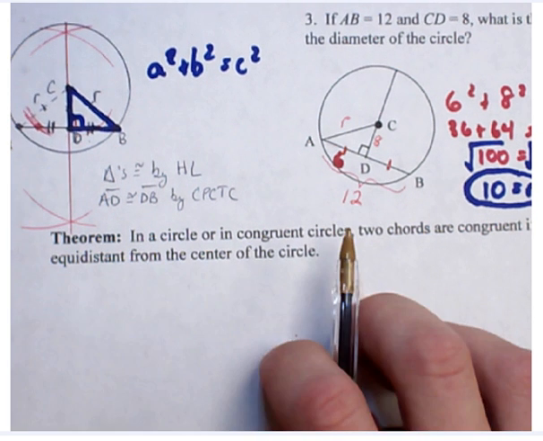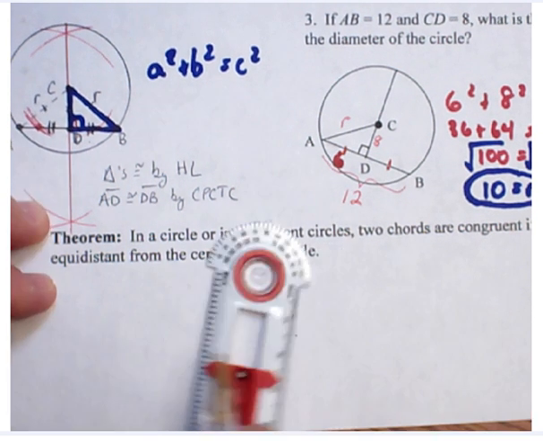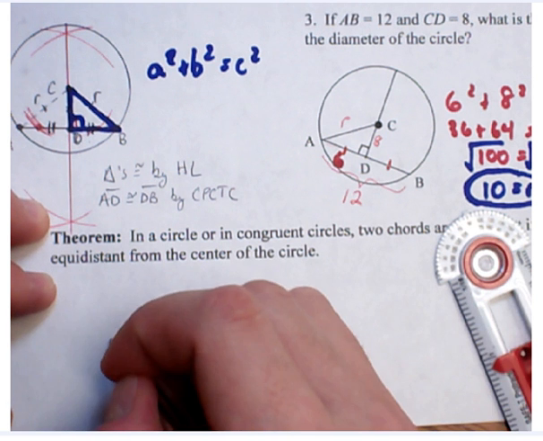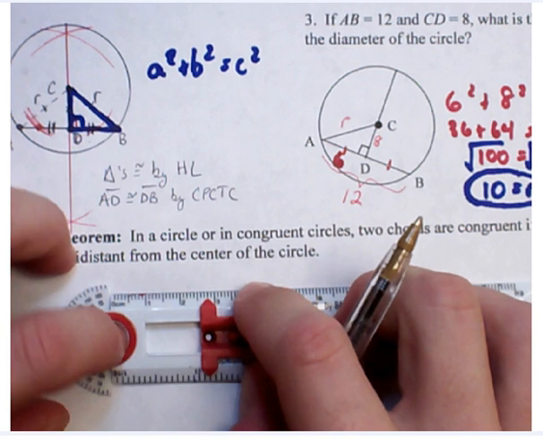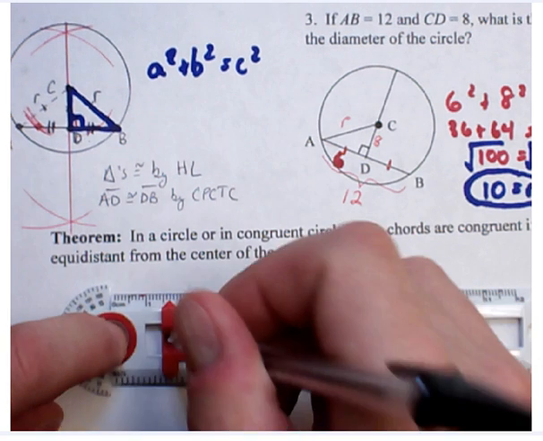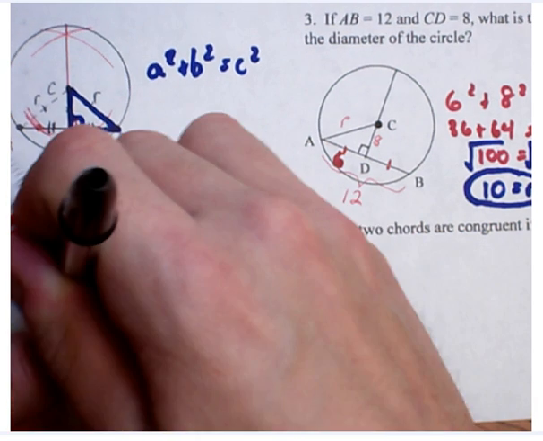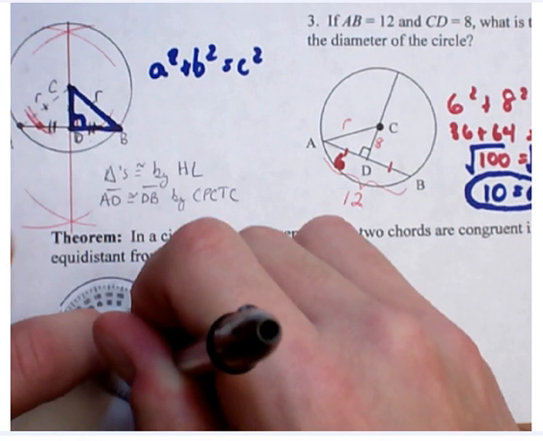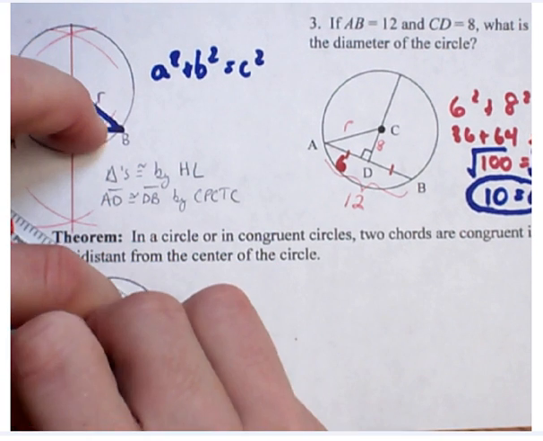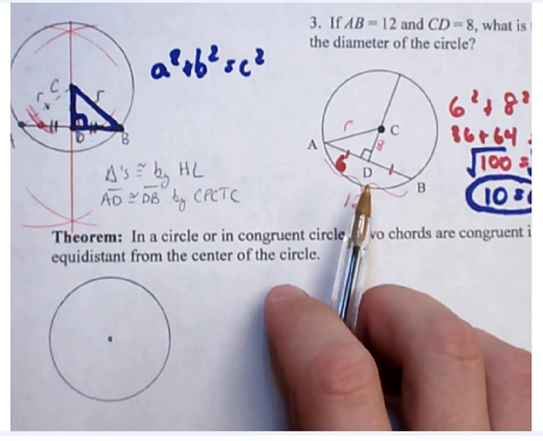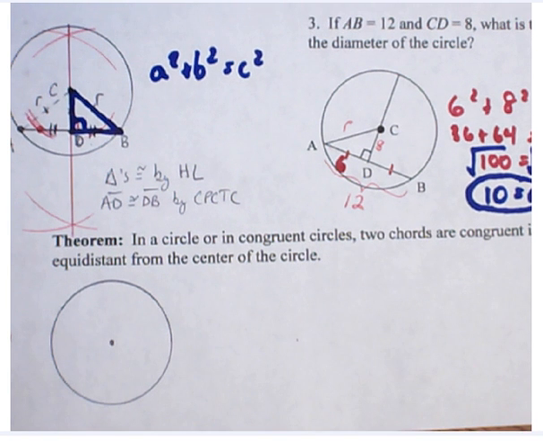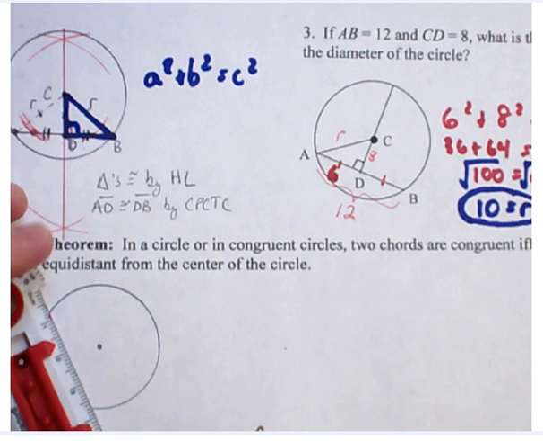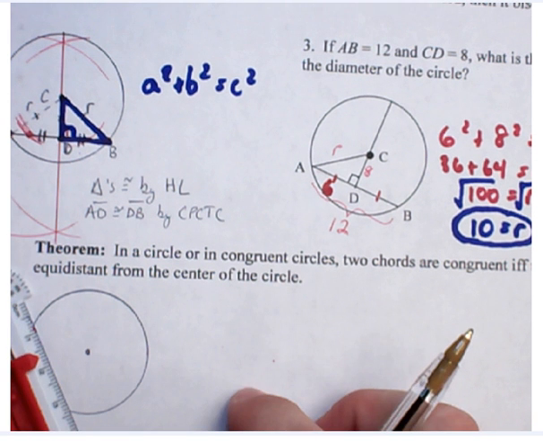Okay, for this one, I'm going to freehand this again. No, actually, let's use the compass and get ourselves a good circle. So there's a center. I'm going to make it small again. All right, that's a good looking circle. If we have two chords, I'm going to make these congruent.